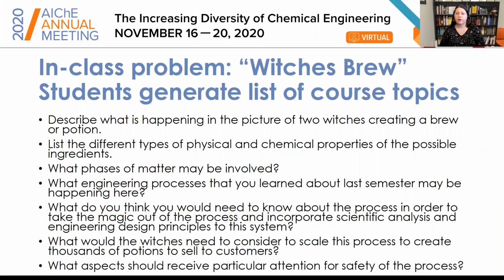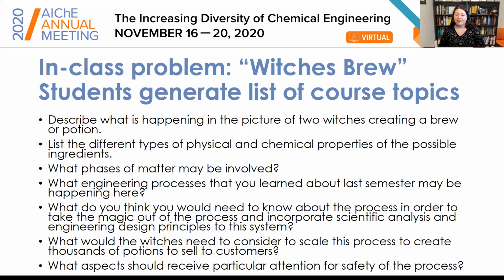My course falls in the second semester of their junior year, and previous to that, they have just finished chemical engineering thermodynamics, transport, fluid mechanics and heat transfer. So I want them to be thinking about connecting this content, building upon the previous courses. The next question is, what would you need to know about the process in order to take the magic out of the process and incorporate scientific analysis and engineering design principles?